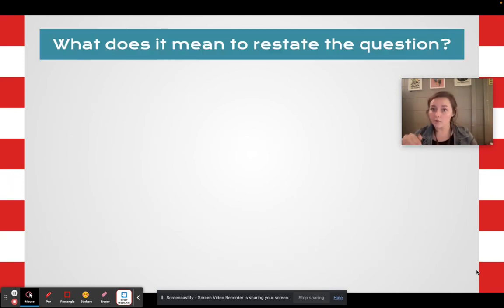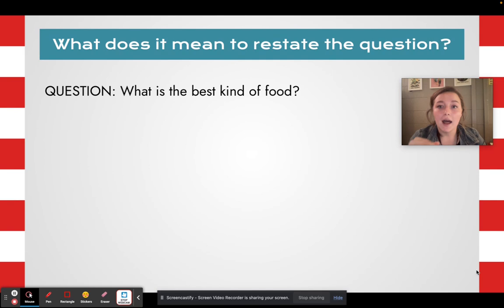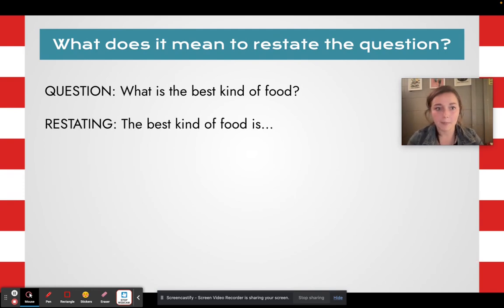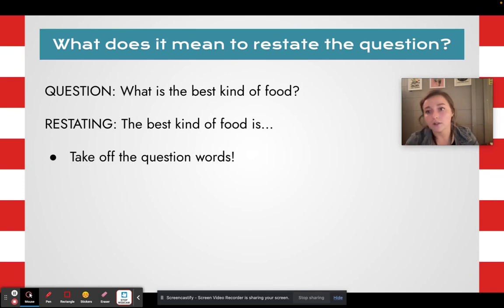So when we're talking about restating the question, for example, if I'm taking the question, what is the best kind of food? There's sort of a formula to how to make this a restatement, okay? So if I restated that, it would look like the best kind of food is blah, blah, blah. Now, notice here, I took off the question words.